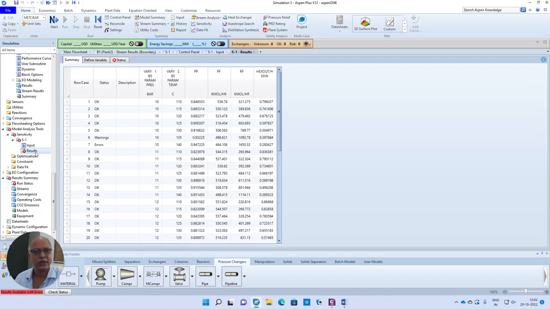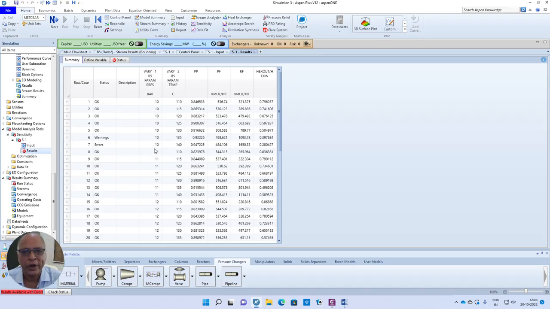This is because, be careful, we may not have a two-phase region in all these possible combinations. Because we were generally giving the temperature and pressure, the error may be because at 10 and 140, you had some problem in reaching a convergent solution with respect to the flash column. But anyway, you will be able to see the trend.